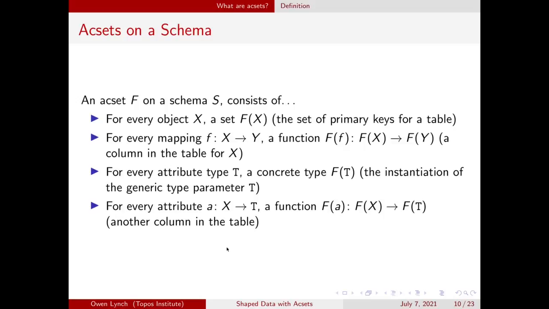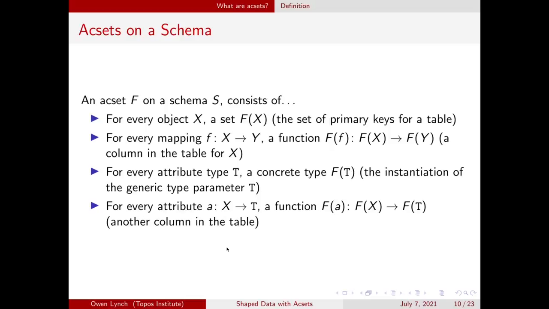So, for instance, it sends a primary key for an edge to a primary key for a vertex. For each attribute type, a concrete type. So attribute types are generic, but to actually have an attribute, you have to choose a concrete type. And then for every attribute, a function from the primary keys to that concrete type.